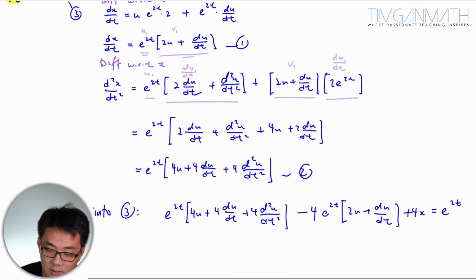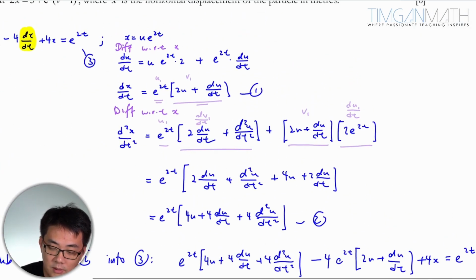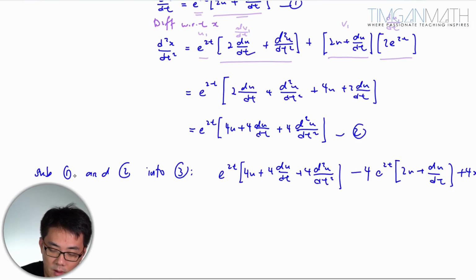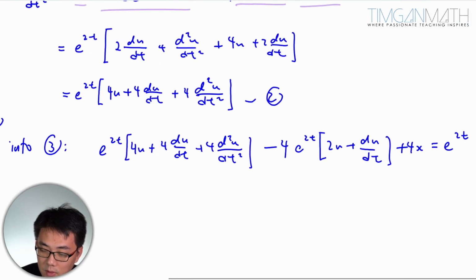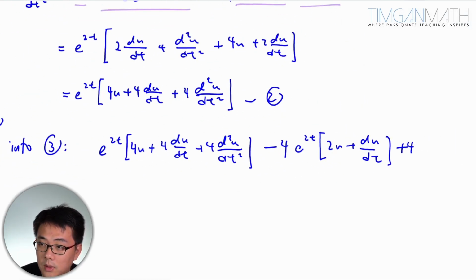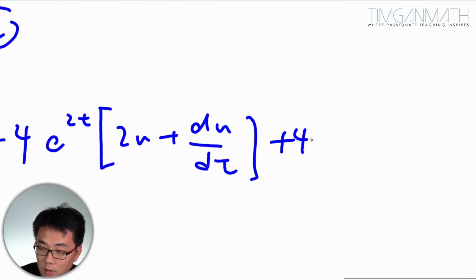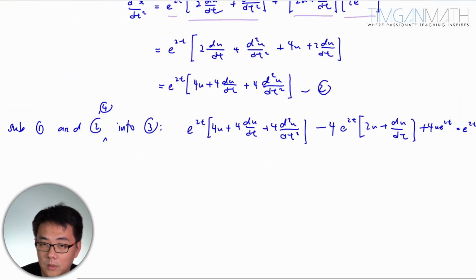We need to replace x as well, so this x needs to be substituted in. So x will be u e^(2t). The whole idea is to get rid of all the x. So this would just be u e^(2t) equals e^(2t). Okay, there you go.